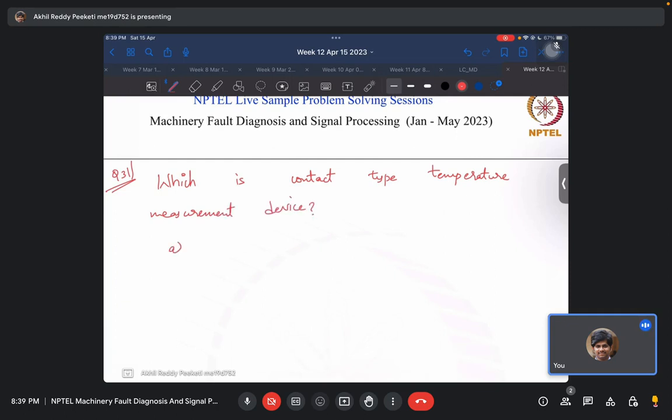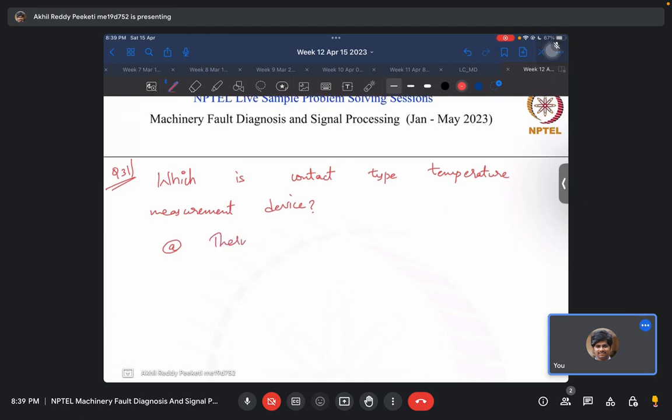Which of the following is a contact type temperature measurement device? Pyrometer is a non-contact type.